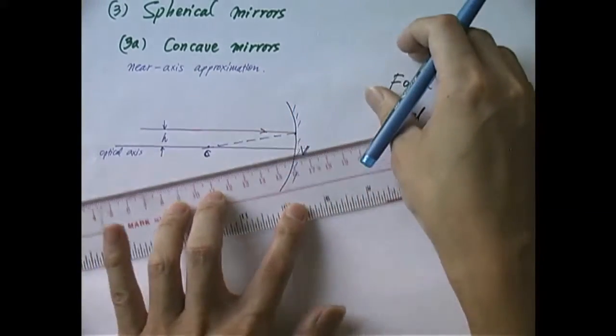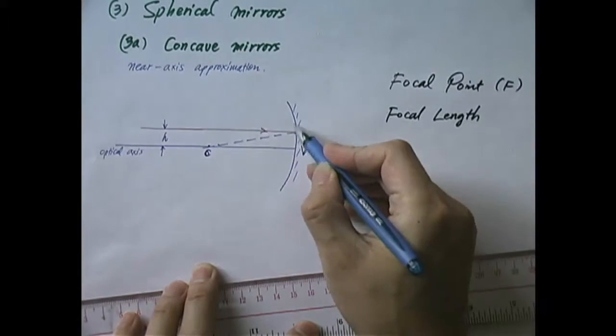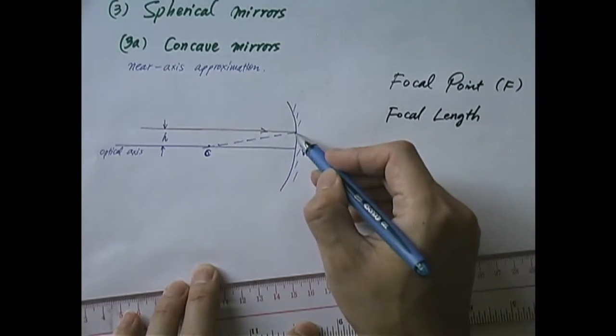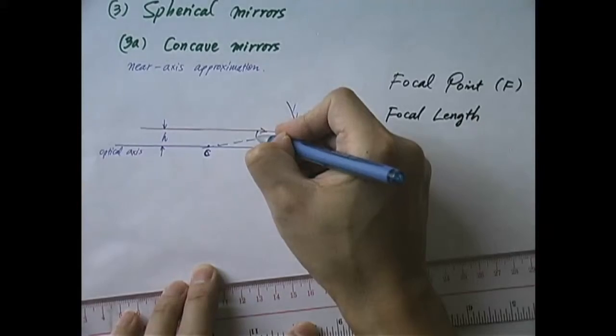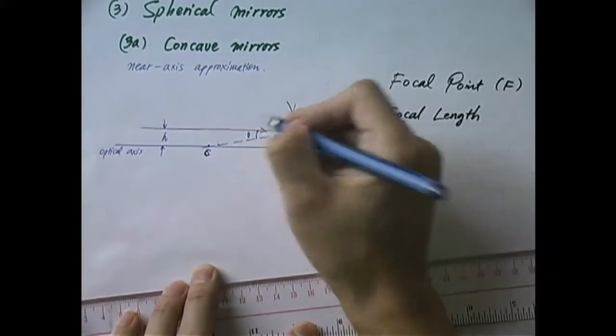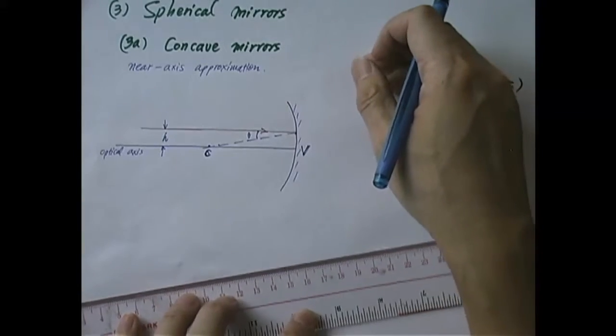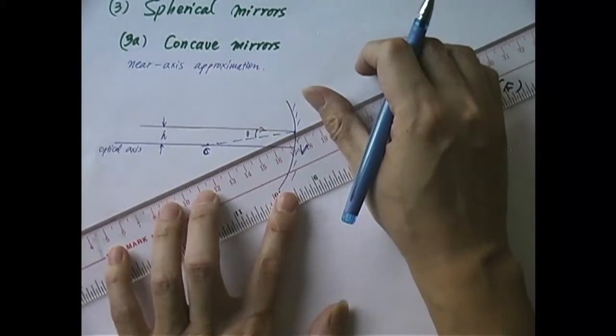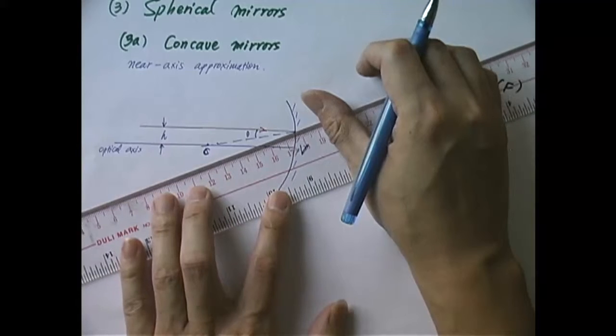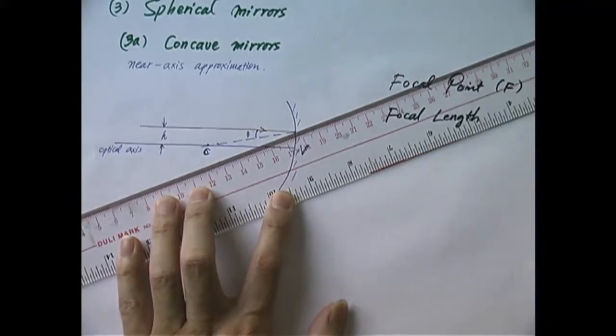This line is perpendicular to the sphere at that point. By definition, this is the incident angle theta. And where is the beam going to get reflected then? According to Snell's law, it makes the same angle with the same normal line. So that's what I'm going to draw.